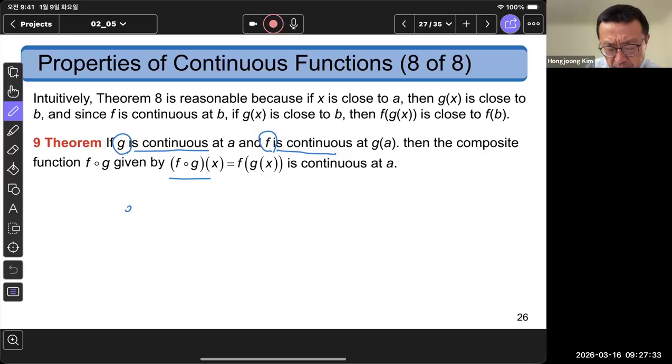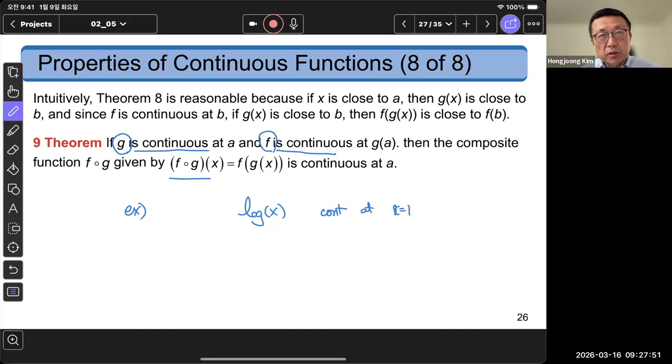In other words, if I consider my logarithmic function, this function log of x is continuous at any point in the domain of the logarithmic function, say 1.